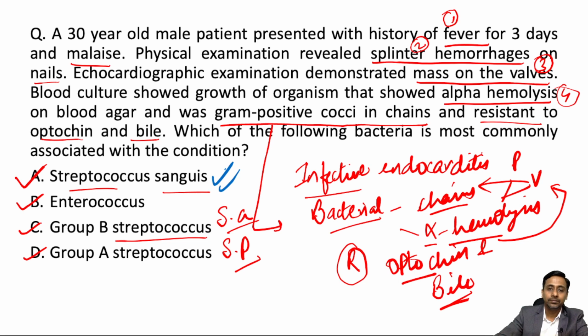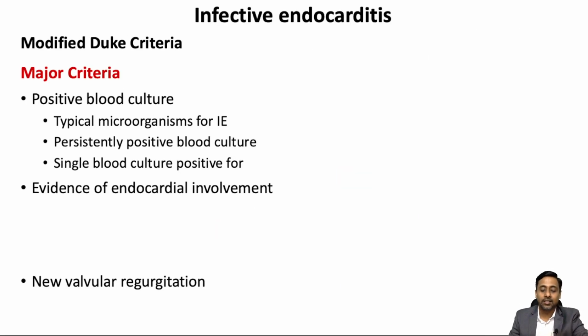Okay, so let's see some detail about infective endocarditis, how we have come to the conclusion that the diagnosis is infective endocarditis. There is a criteria to diagnose a case of infective endocarditis, and that criteria is called Duke criteria, and there is a certain modification in that, and what is currently being used is modified Duke criteria. So modified Duke criteria has certain major criteria and minor criteria.